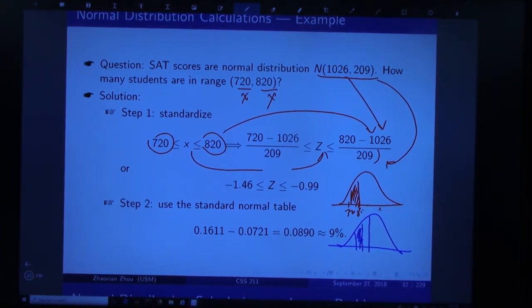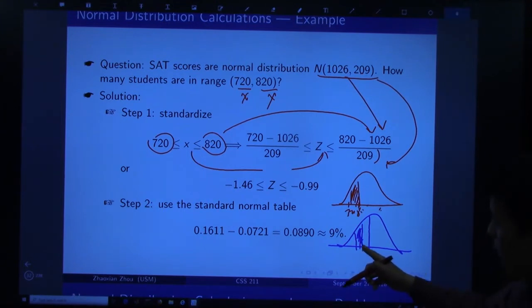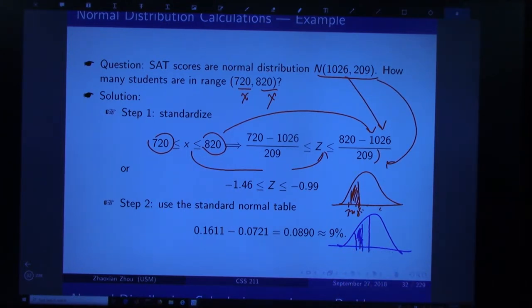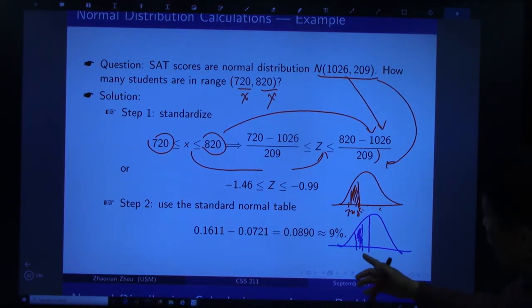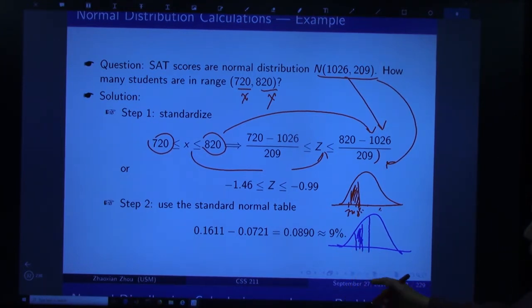But the good news is this area can be calculated from table A. We just need to use these scores.